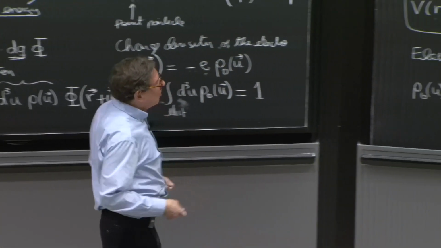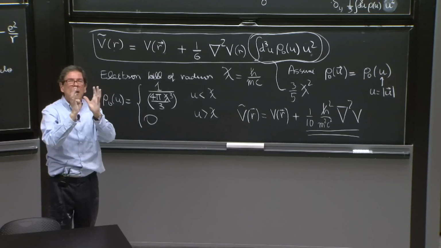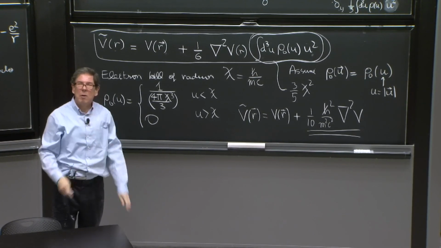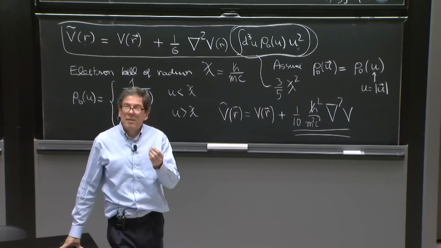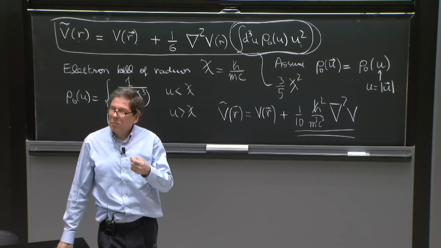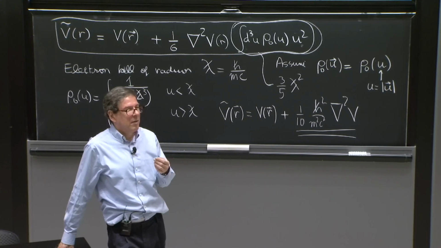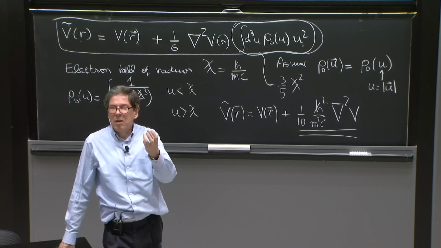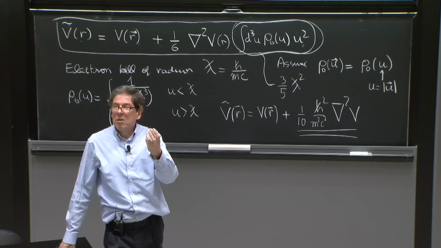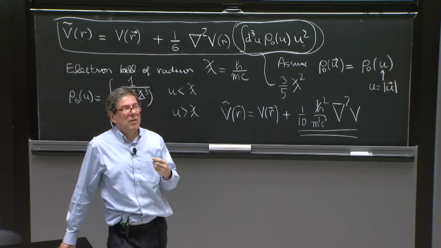So that's the interpretation. The non-locality, the spread out of the electron into a little ball of its Compton size is quite significant. The Compton wavelength of the electron is fundamental in quantum field theory. The Compton wavelength of an electron is the size of a photon whose energy is equal to the rest mass of the electron.